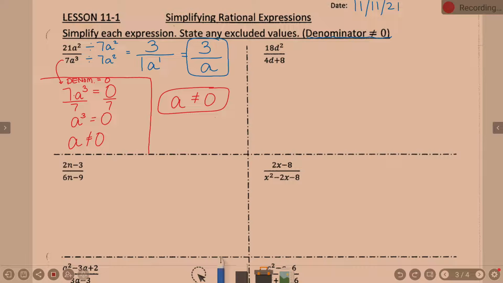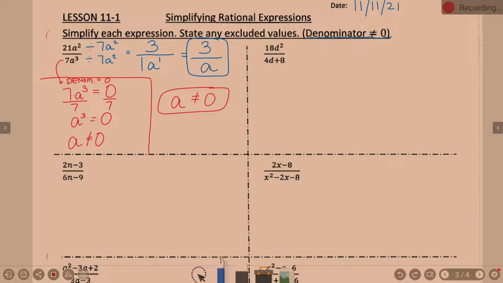18d squared over 4d plus 8. Do I divide by 2, or by 2d? Well, what are we noticing? 18 divides by 2, 4 divides by 2, and 8 divides by 2. 4 and 8 both divide by 4, but 18 doesn't divide by 4.